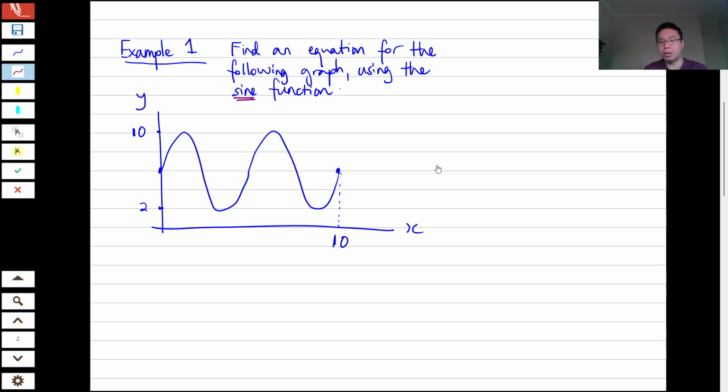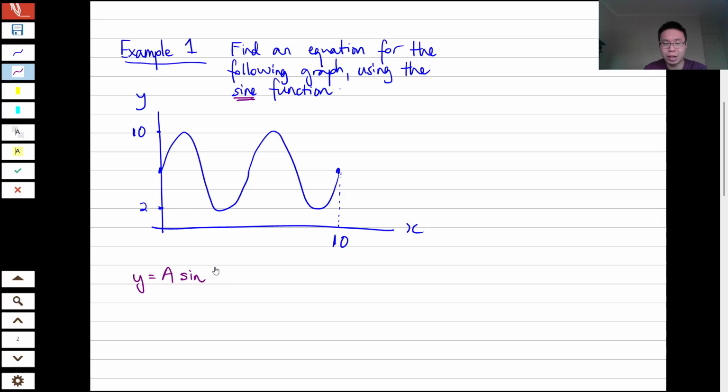So that tells me immediately that I don't need any horizontal translations. I will need vertical and horizontal dilations, and I will need a vertical translation because the mean value is no longer 0. Putting those things together, I can write down an equation of this form.